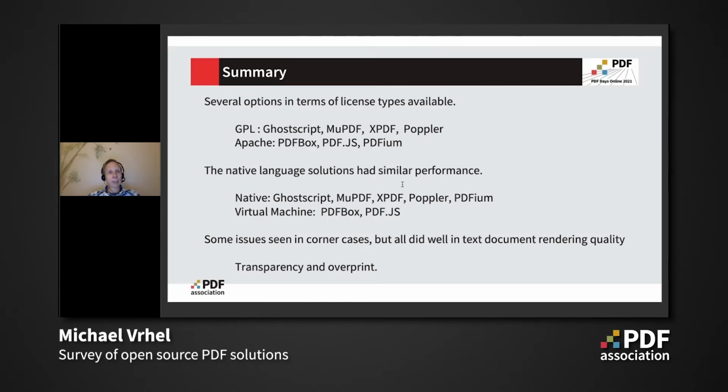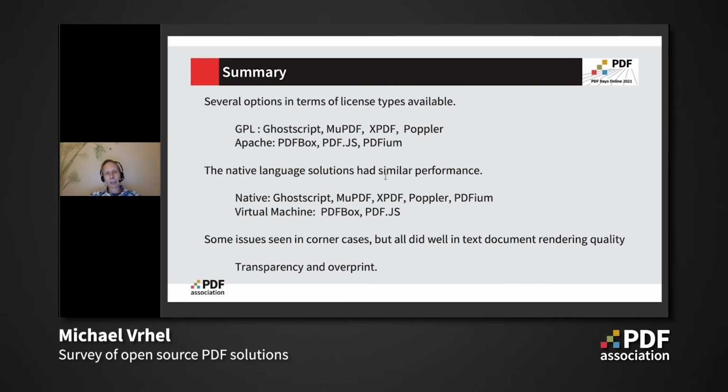And just to summarize, there are several options out there in terms of license types available. There's the GPL, and I use GPL loosely here, in that some of these are AGPL. So there are AGPL and GPL code bases of Goscript, BooPDF, Xpdf, and Poppler. There are Apache license code bases out there, including PDFBox, pdf.js, and PDFEM.